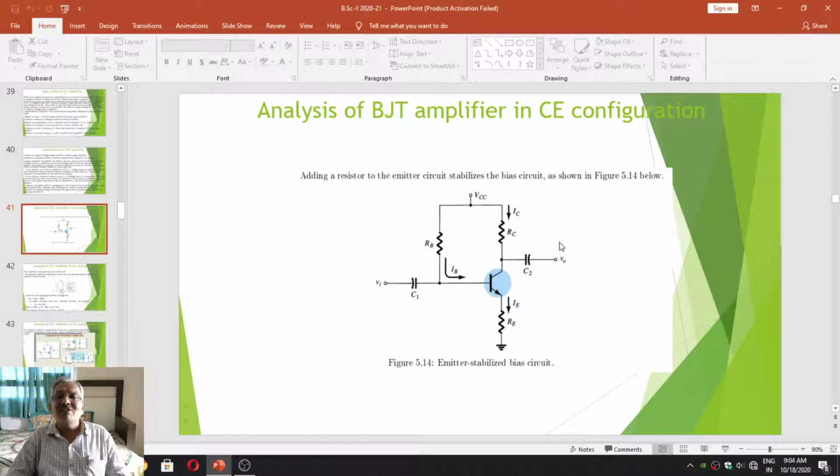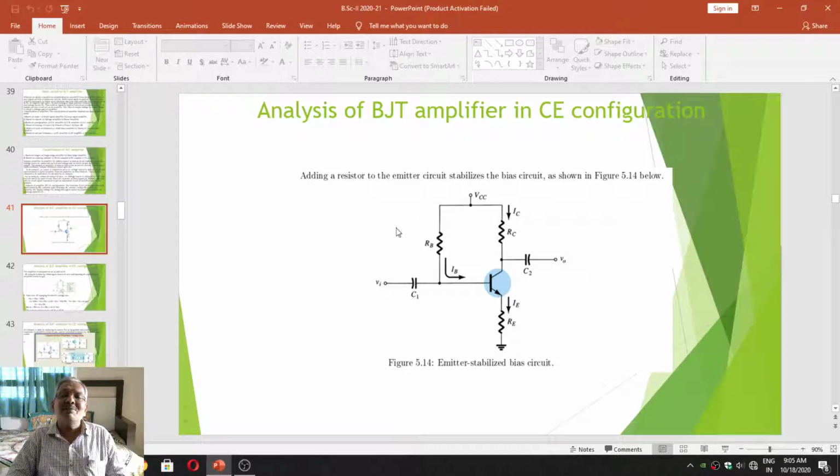The capacitors C1 and C2 act as coupling capacitors. Capacitor C1 couples the input signal to the base of the transistor. Capacitor C2 couples the output measuring device to the collector of the transistor. In this figure, we have chosen the fixed bias method which we already studied in the second topic.